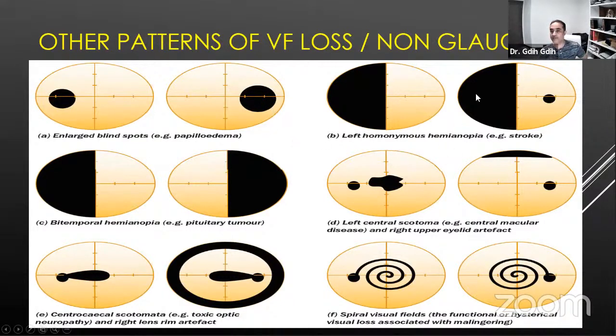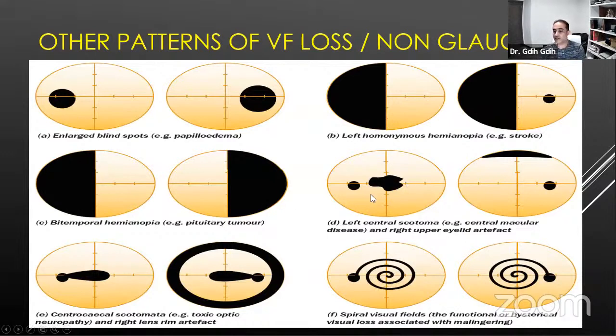Or if you see a hemifield that's very sharply demarcated and lost half of the visual field, like left or right homonymous hemianopia, that's more of a central nervous system problem, like a stroke. Or if you have a bitemporal hemianopia loss, that's more of a pituitary or suprasellar lesion.